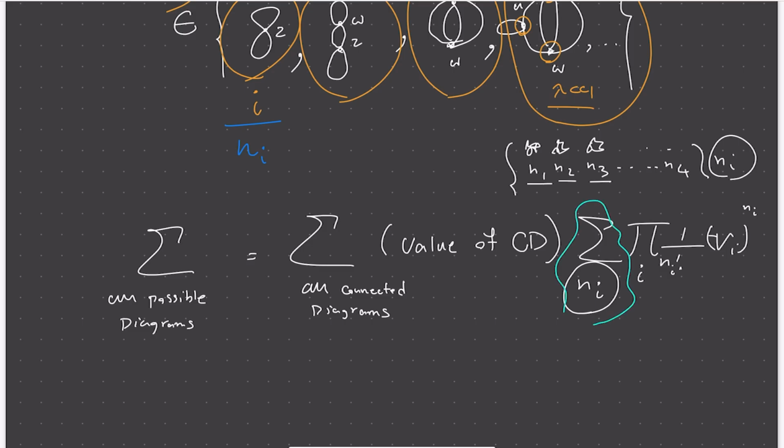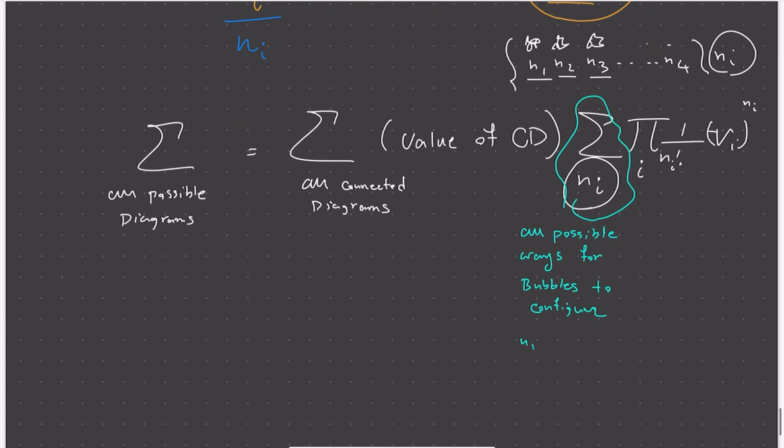That means all possible ways for bubbles to configure. It's a set of numbers, for example n_1 to n_p, and then you might have another set, n'_1 to n'_p. So we are summing over all possible ways that these bubbles can arrange themselves.